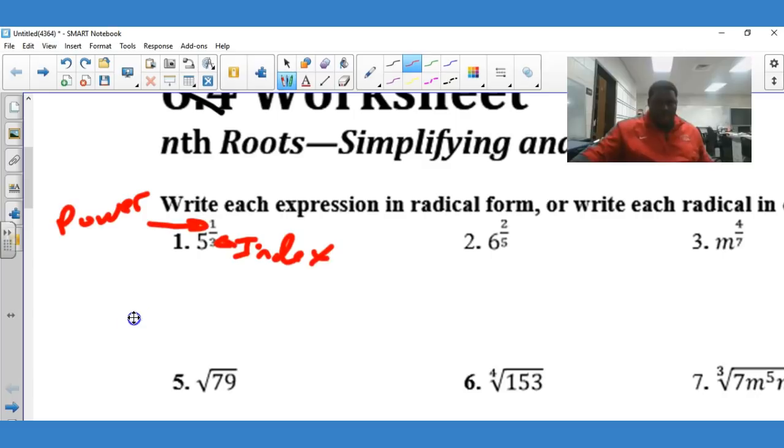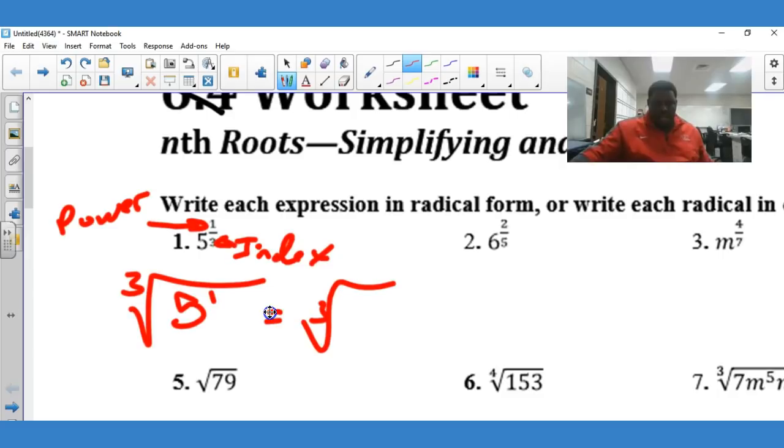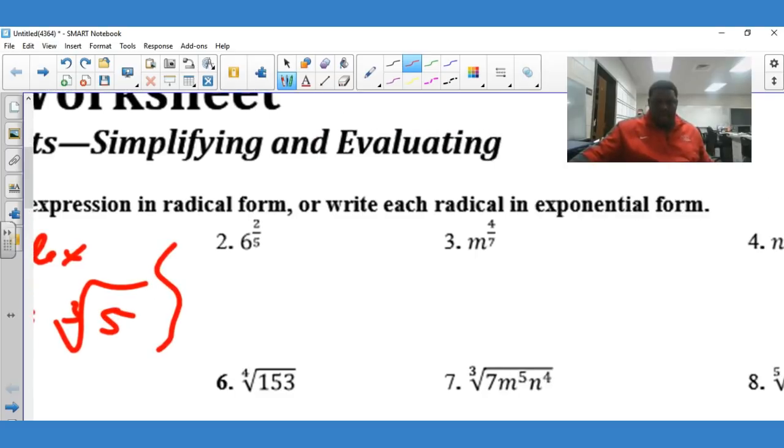So when we rewrite this as a radical, our index is going to be 3, our radicand is 5, and the power is 1. So you have the cube root of 5. Over here, again, this is the index. So you have the 5th root. Our radicand is 6. Our power is 2.